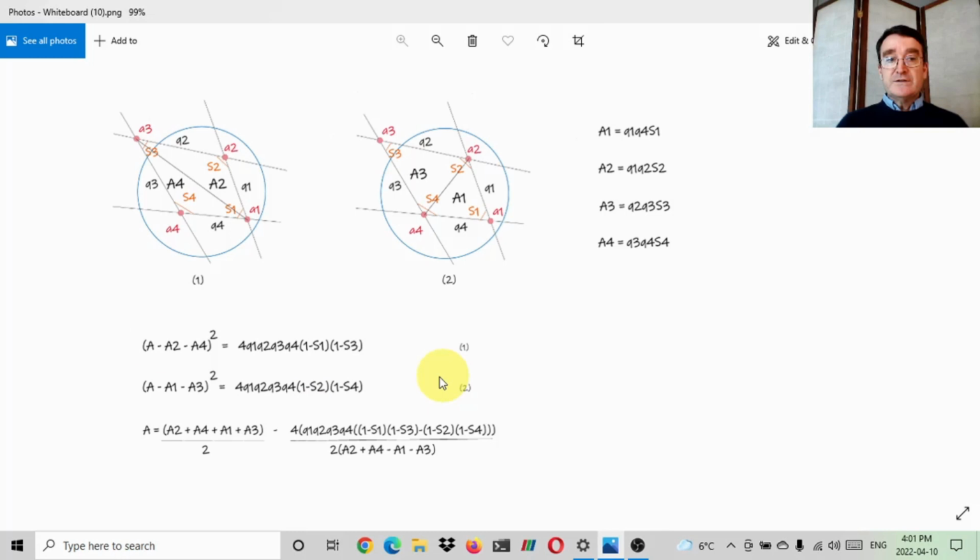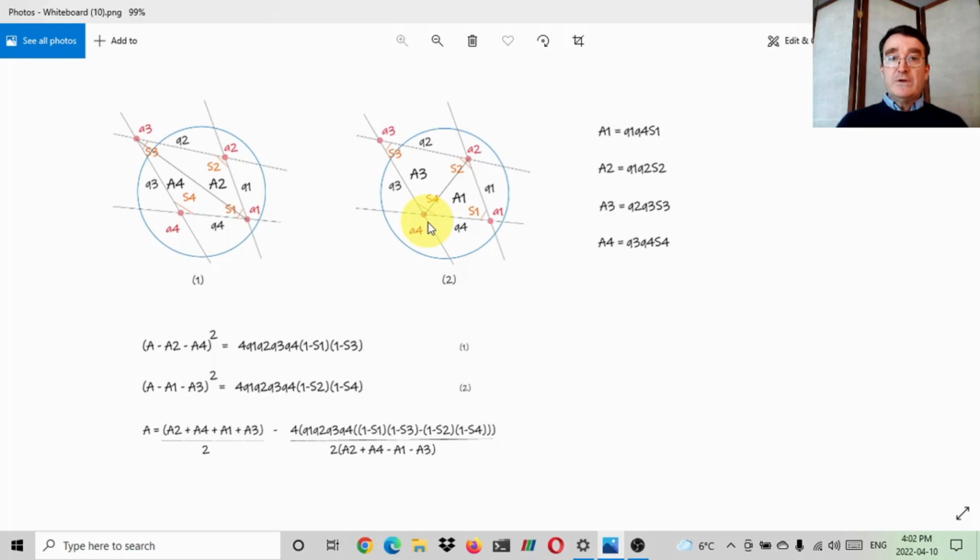This equation corresponds to a triangulation of the quadrangle, where there's a chord between projective points A1 and A3, dividing the quadrangle into two projective triangles whose quadrias are A2 and A4. Similarly, this second equation corresponds to a triangulation with a chord between A2 and A4, which subdivides the quadrangle into two triangles with quadrias A1 and A3.